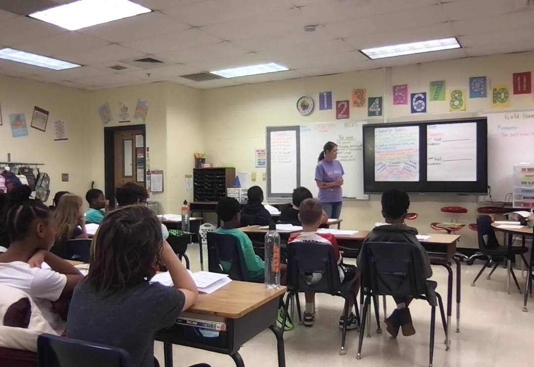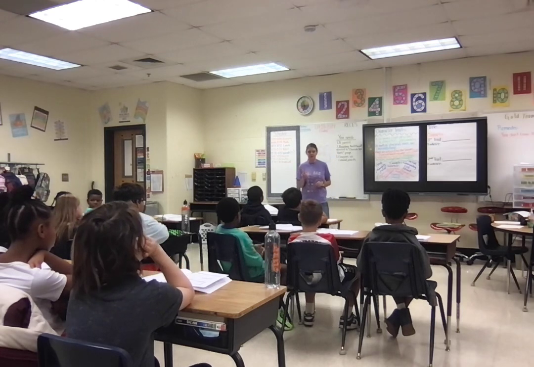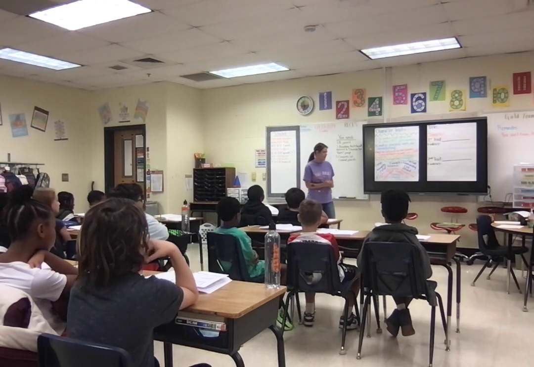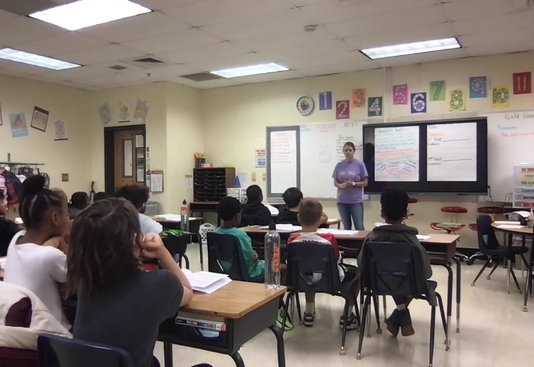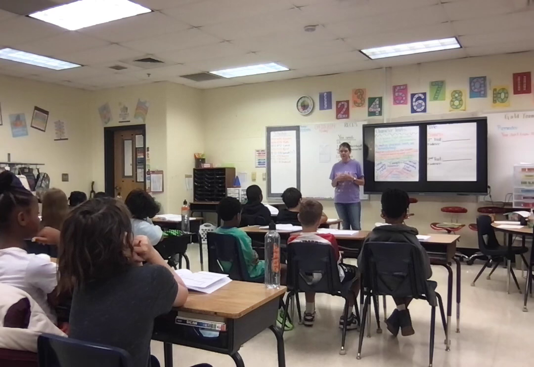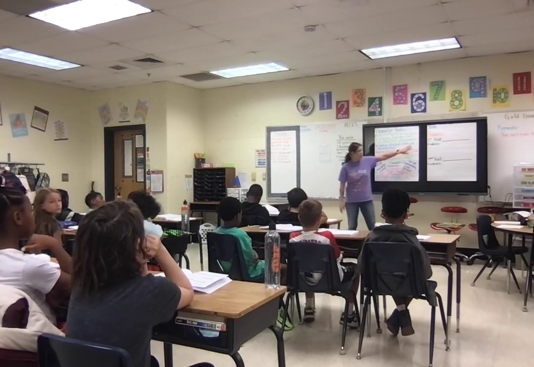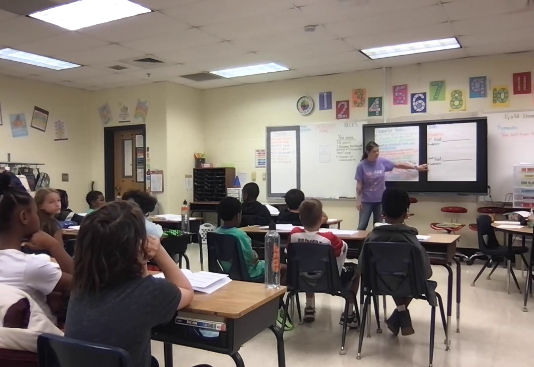So for today's activity, I'm going to read you two books. The first book is Stand Tall, Molly Lou Melon. I'm going to read the book to you, and then we're going to fill out this chart right here together.